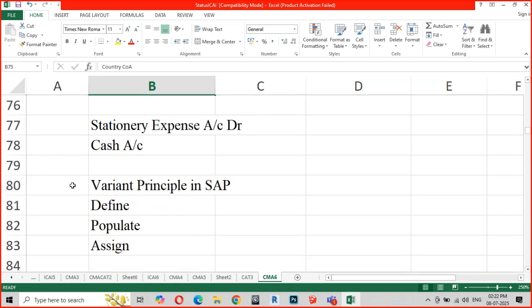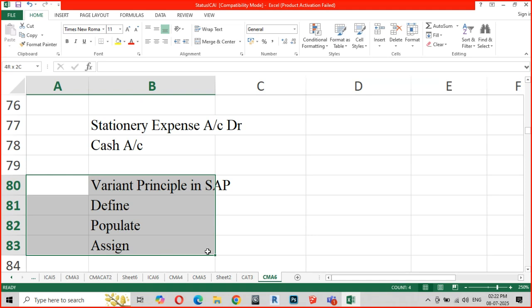So we also have a fair idea as to what is a variant principle. You may come across this question. Somebody may ask you, I heard something called variant principle. Since you have finished the SAP course, can you tell me what is a variant principle being followed in SAP?